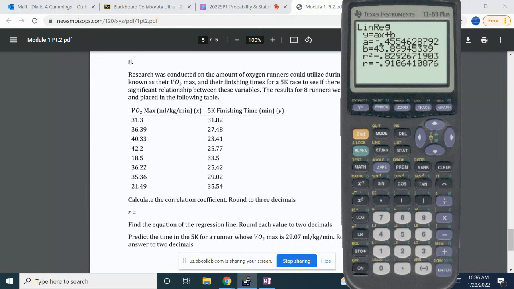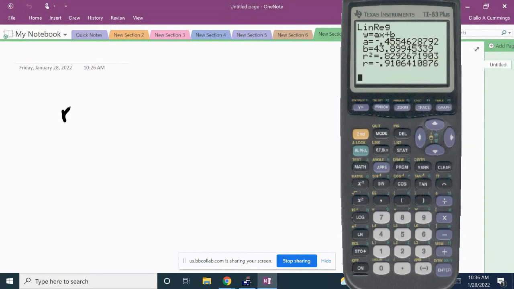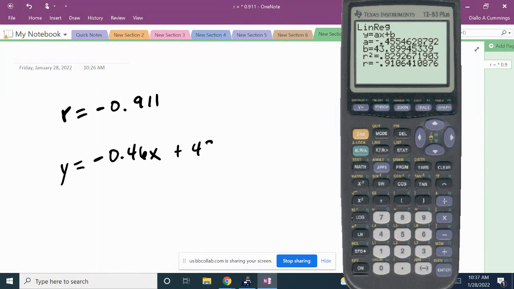So as I write out my equation, R is going to equal, here again rounded to 2 decimal places, negative 0.91. Our regression equation is y is equal to negative 0.46x plus 43.9.